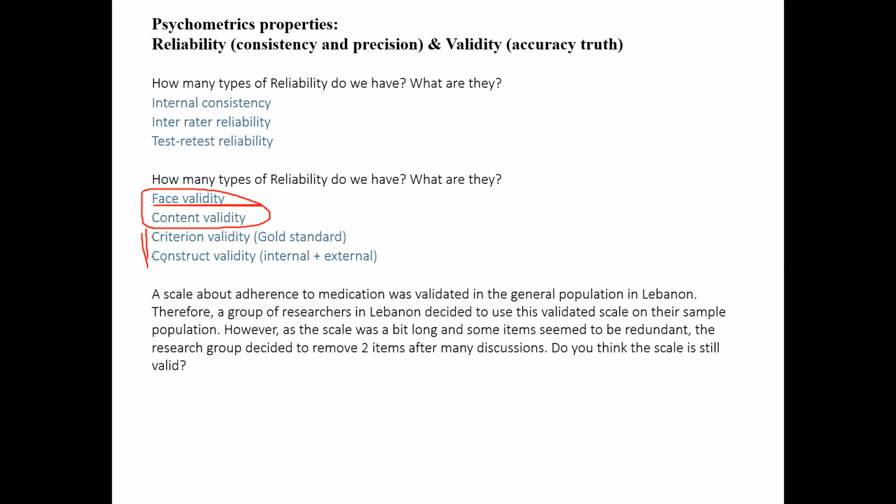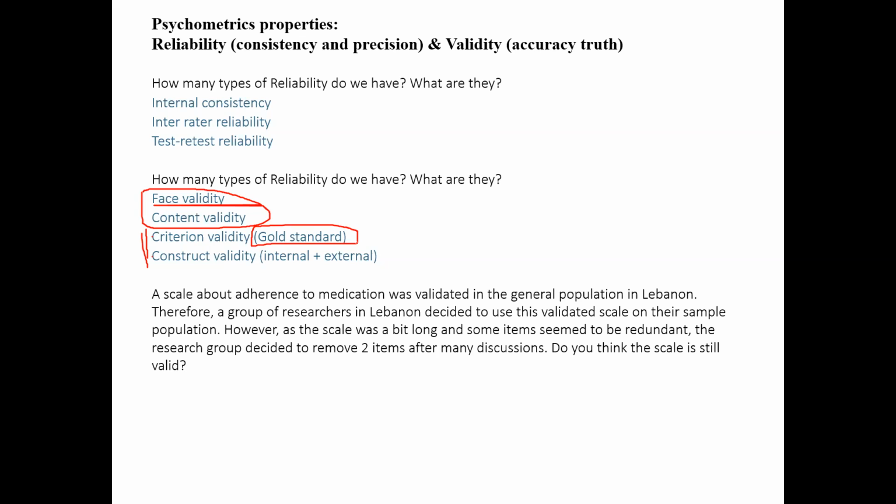So I have my scale and I want to validate it. What can I do? I can validate it with a gold standard. So in my sample, when I was talking about depression, I give them the scale about depression, and for the same subject, I can bring a psychiatrist to give a clinical diagnosis, and then I can compare the results.